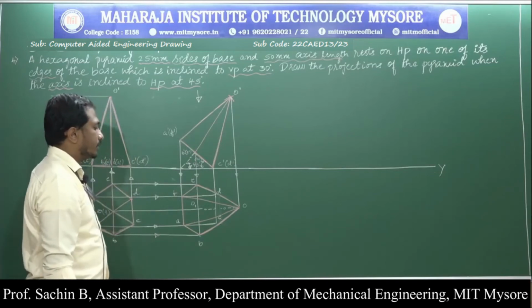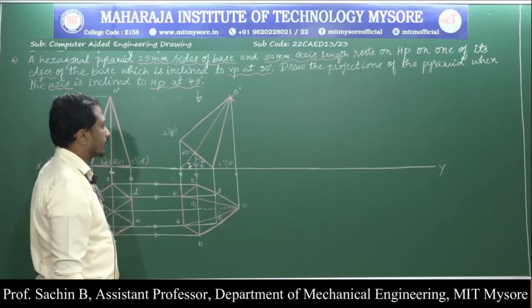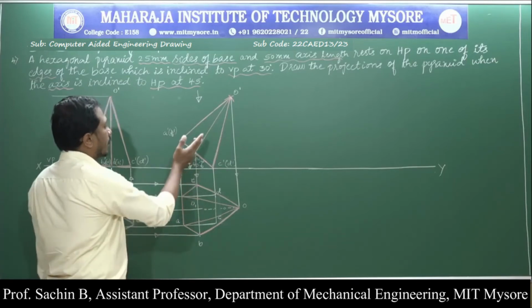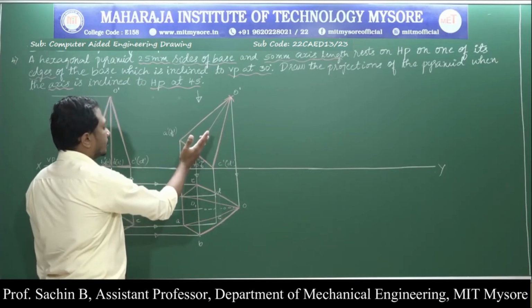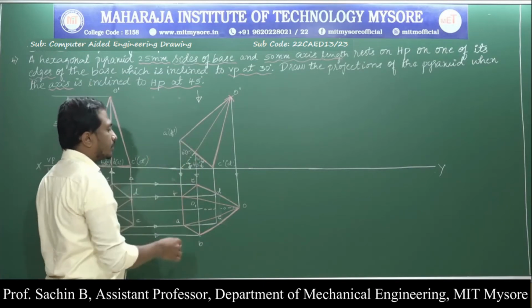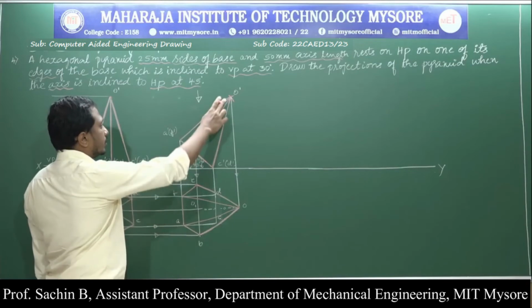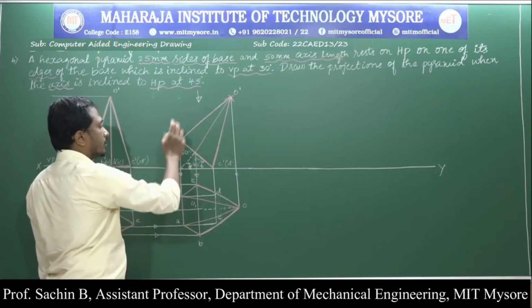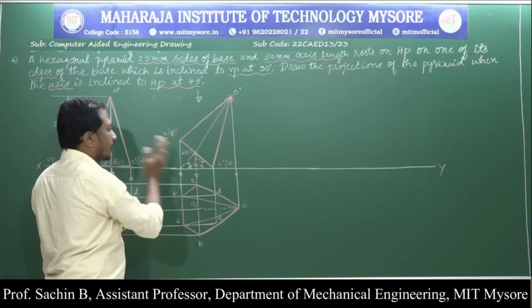Next I will go for the second concept, that is nothing but above the axis is visible. According to it, if I draw the projection lines, the visible lines above the axis, that means O dash to B dash, O dash to E dash, O dash to A dash, O dash to F dash, are above the axis.